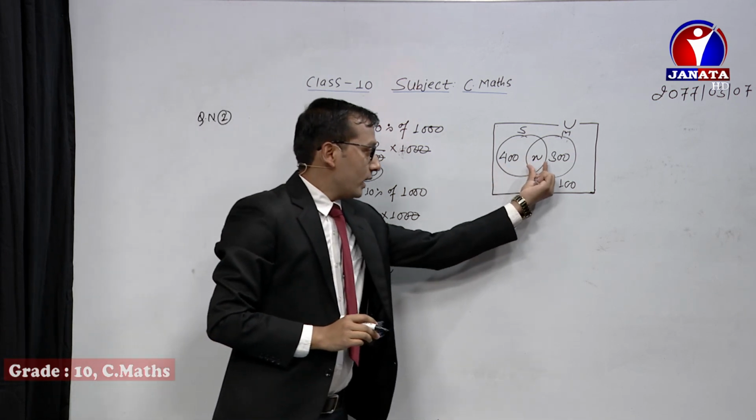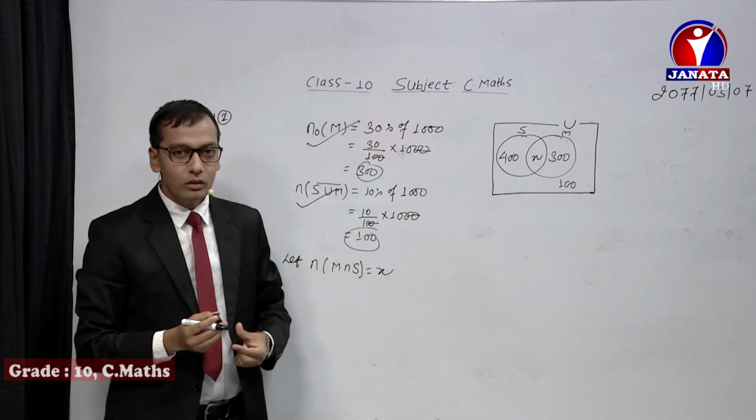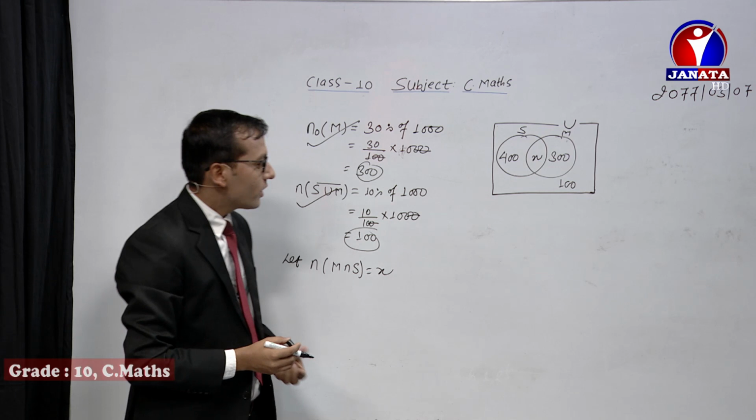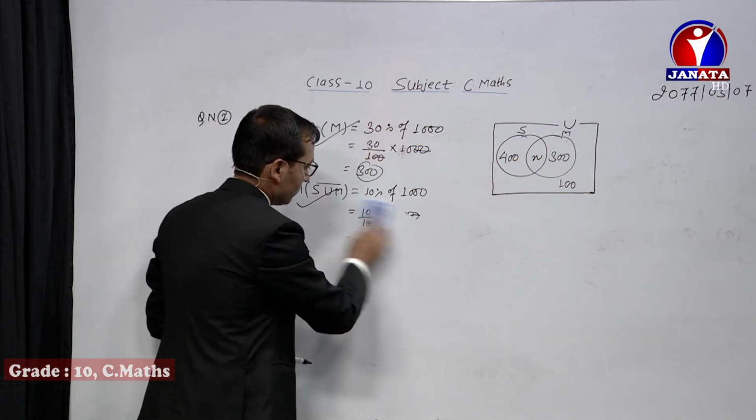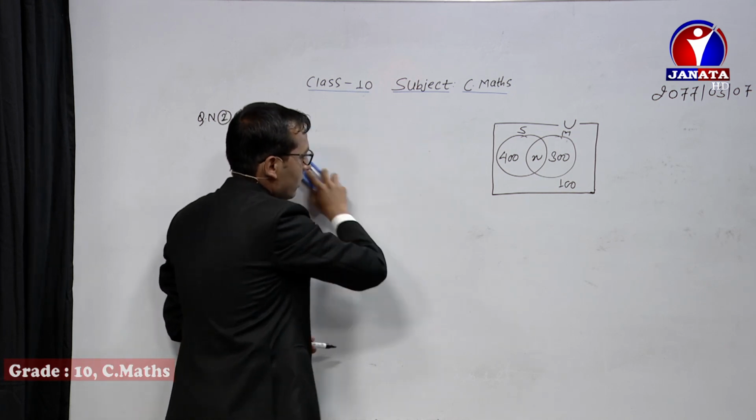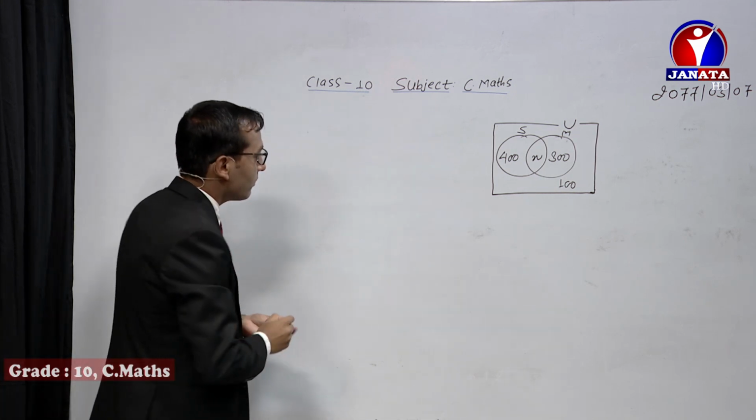Okay, so now we can find X. X is unknown in the diagram. So we can find X. Let's write from the Venn diagram.